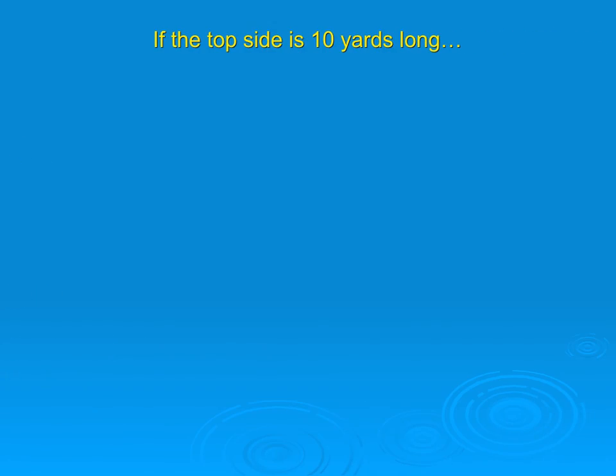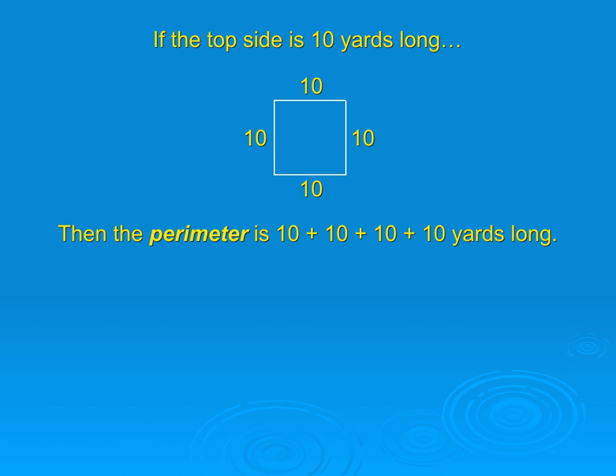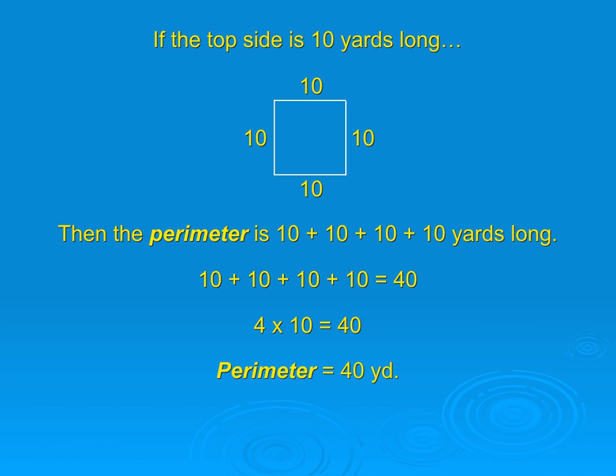If the top side is 10 yards long, then the perimeter is 10 plus 10 plus 10 plus 10 yards long, which is 40, or 4 times 10 is 40. The perimeter is 40 yards.